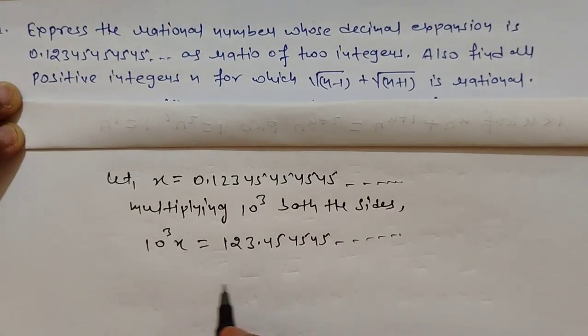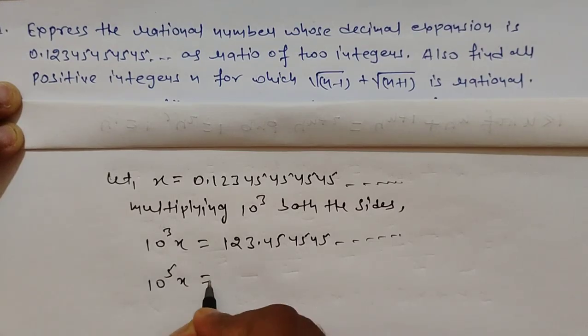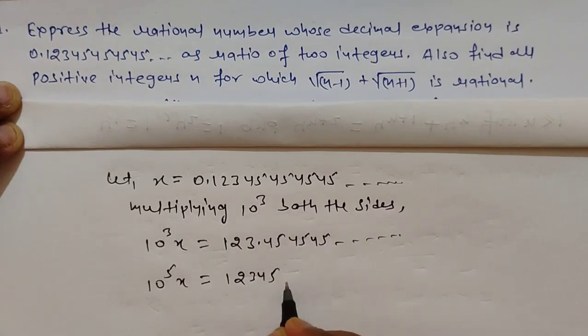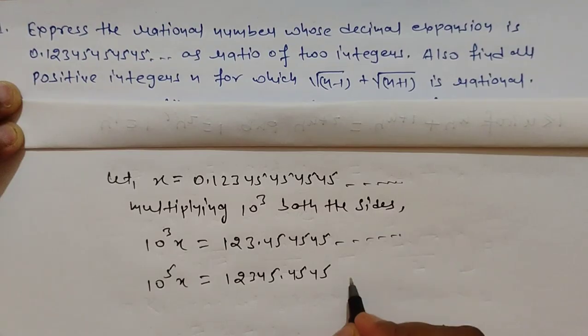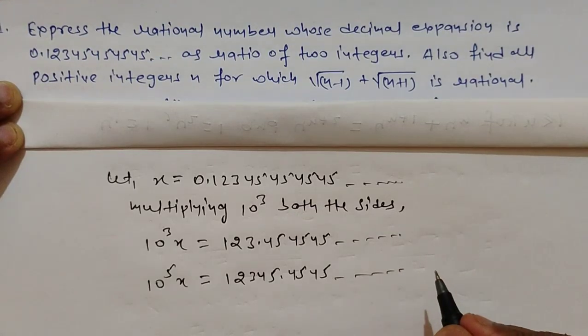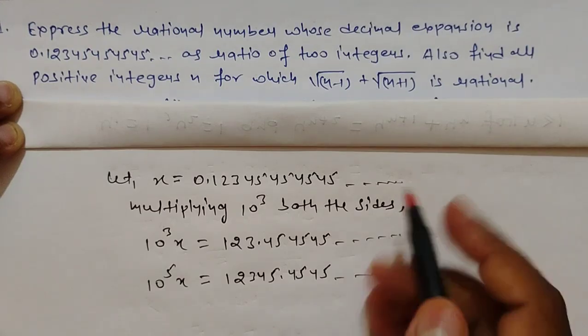Now again we are multiplying by 10 to the power 2 on both sides, then this will be 10 to the power 5 x is equal to 12345.4545 and so on.